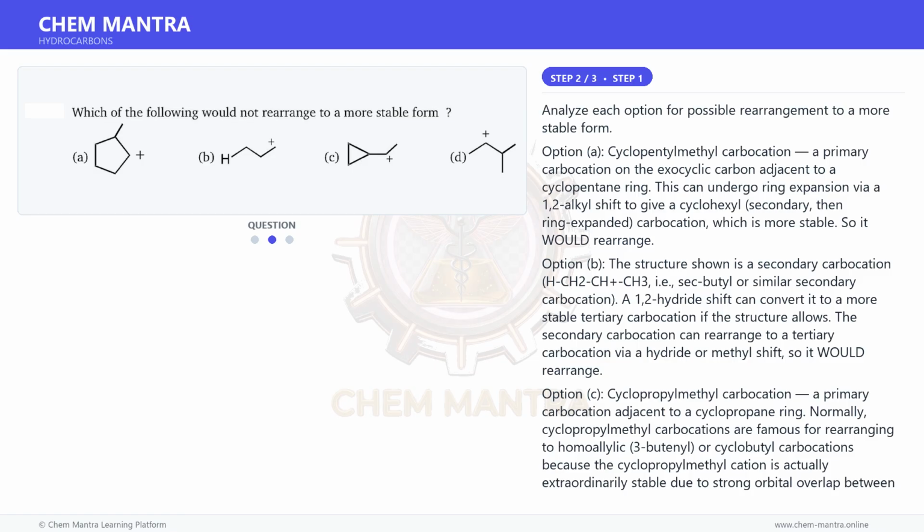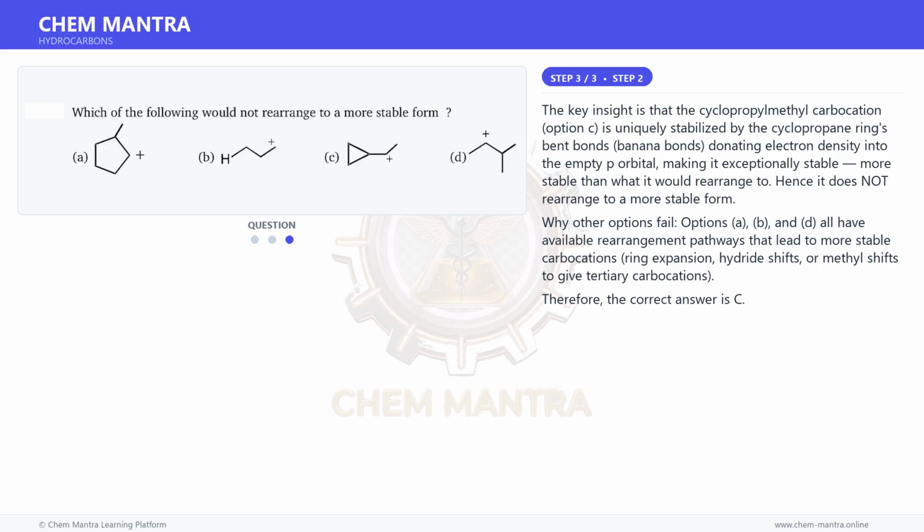A tertiary carbocation is already quite stable, but if there is an opportunity to form a more stable species, for example another tertiary or allylic, it may rearrange. In the context of this problem and given the answer is C, option D presumably can still rearrange.